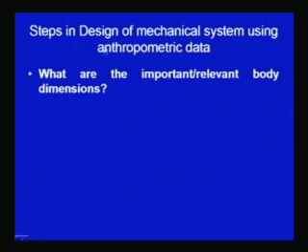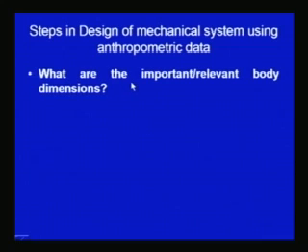For designing the mechanical systems, some points are kept in mind, like what are the important and relevant body dimensions. The mechanical system will be operated by which part of the body, whether feet, hands, knee or toe will be used.